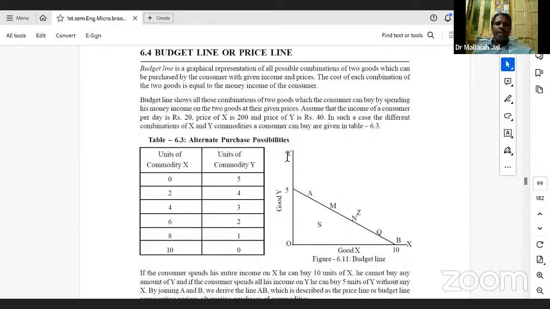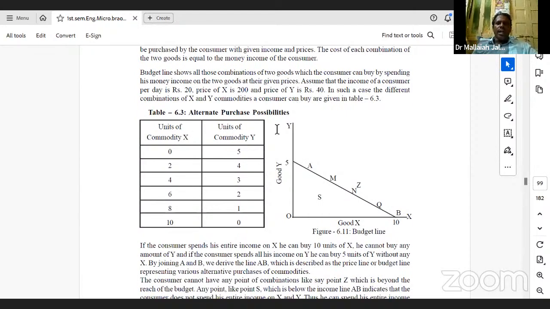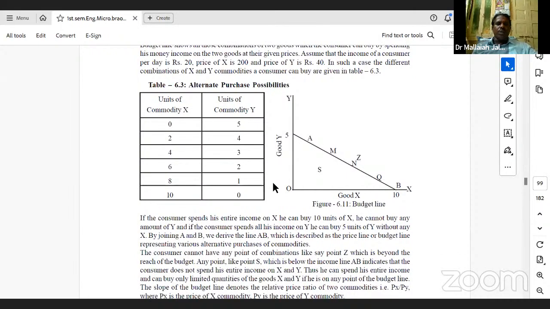That is clear. So see, for example, these are alternative purchase possibilities. With a given limited income, how much X commodity and Y commodity can be purchased? If he is spending the total amount only on Y, he may get only Y commodities and X commodities are zero.